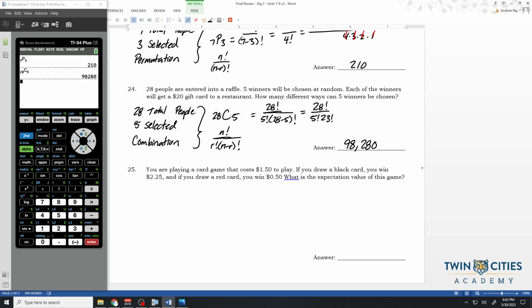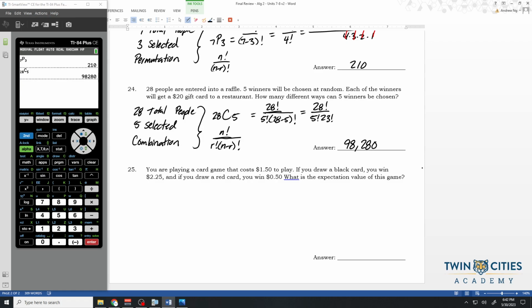Everyone goes home with a prize. Everyone's a winner. And that's technically true here. If you drew a black card, you would win $2.25. If you drew a red card, you would win 50 cents. So there is a prize no matter what happens, but that doesn't mean that it's going to be a good game to play, at least mathematically.